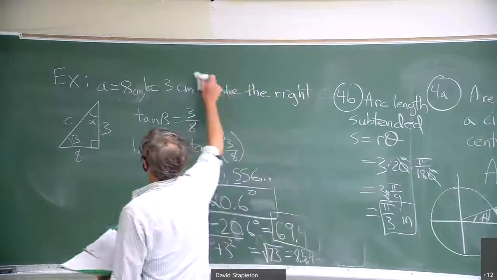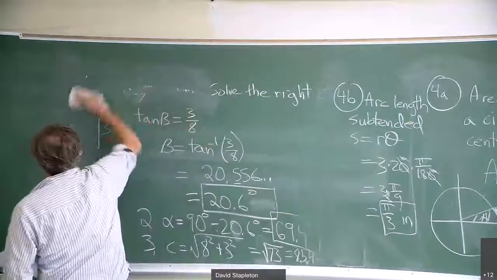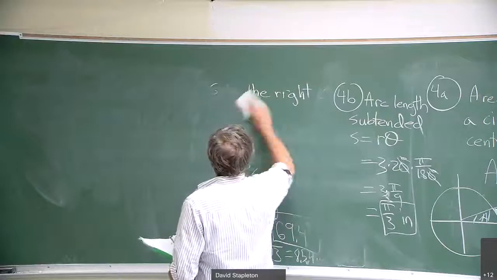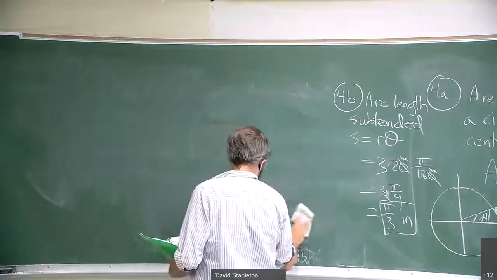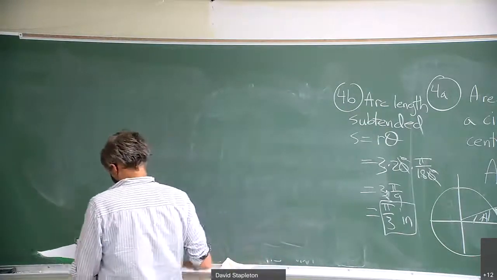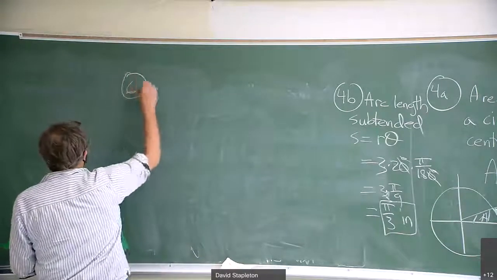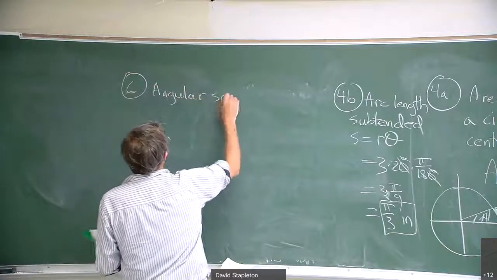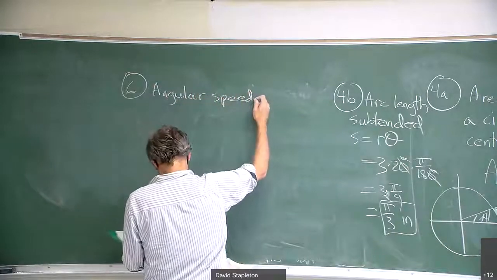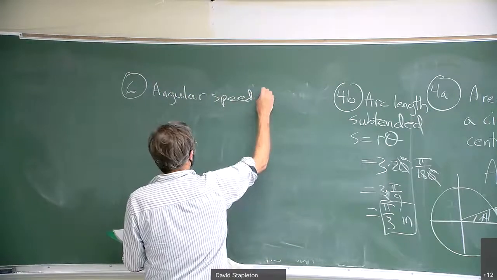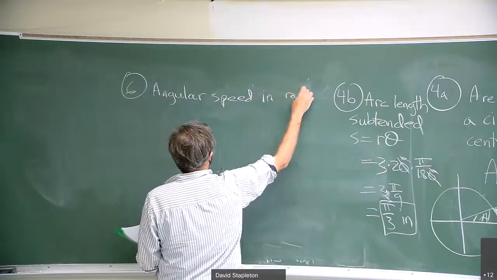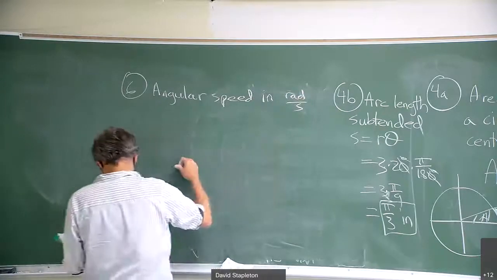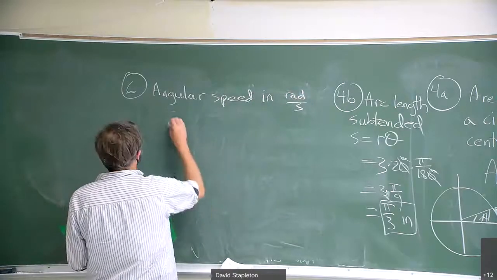Okay, let's look at number 6. This one's a little trickier. This is dealing with angular speeds. If you do the physical sciences, this comes up. What is the exact angular speed in radians per second of an object rotating at linear speed 12 feet per second?